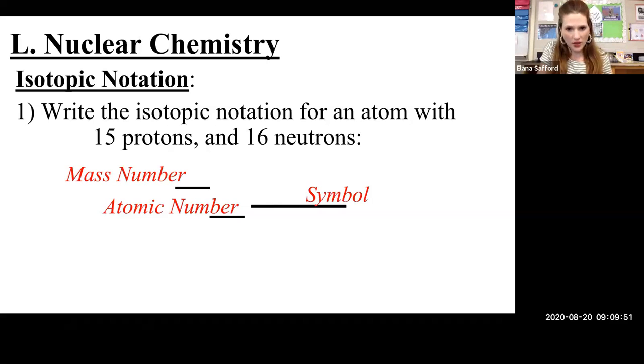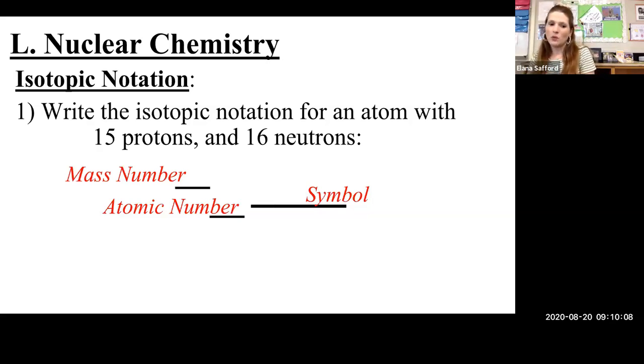Okay, so test yourself. See if you can do it. So let's just say you have it in verbal form. It says you need to write out an isotopic notation for an atom that we know has 15 protons and 16 neutrons.